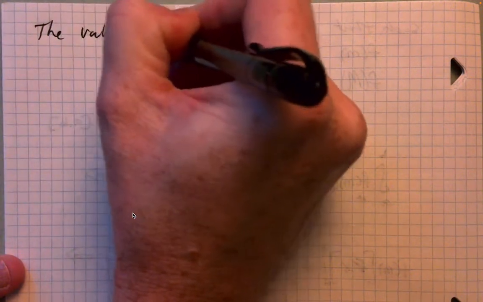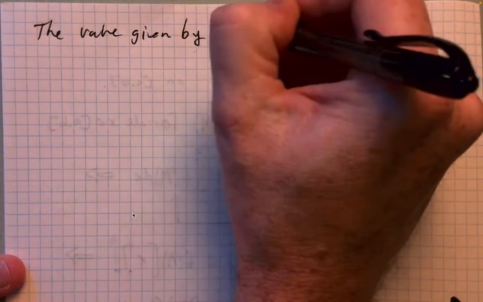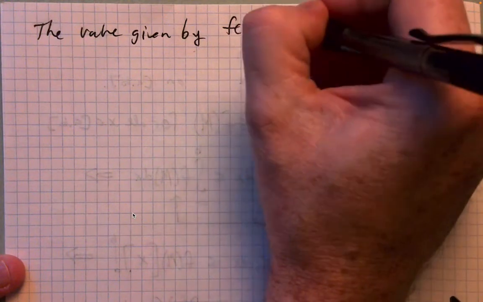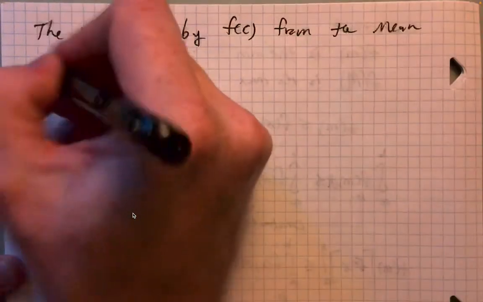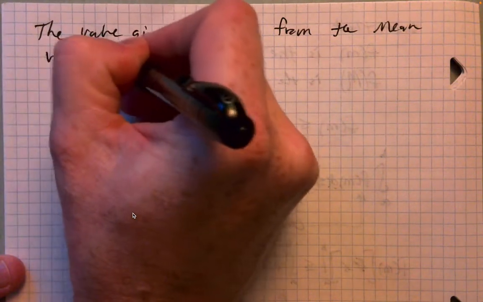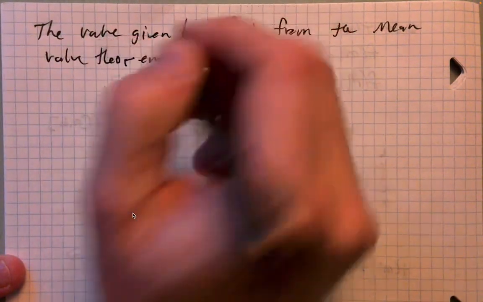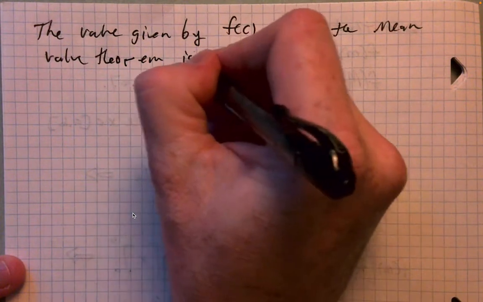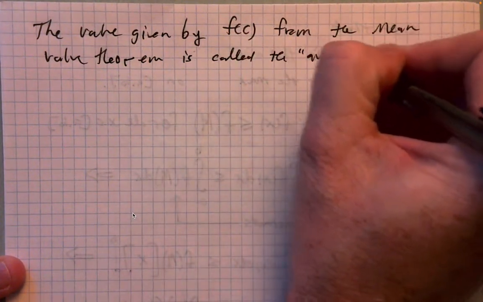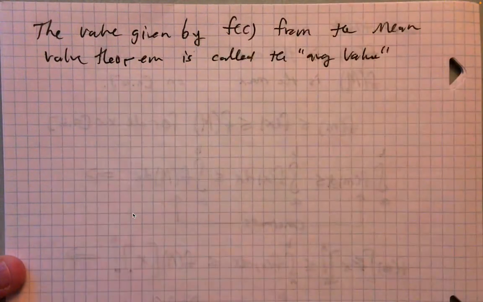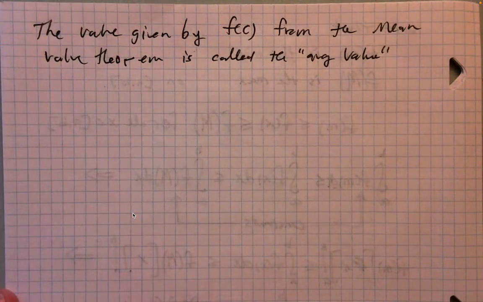So basically the value given by f of c, from the mean value theorem, is called the average value of the function over the interval, right?